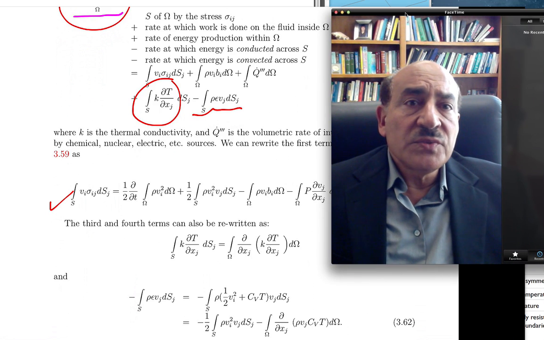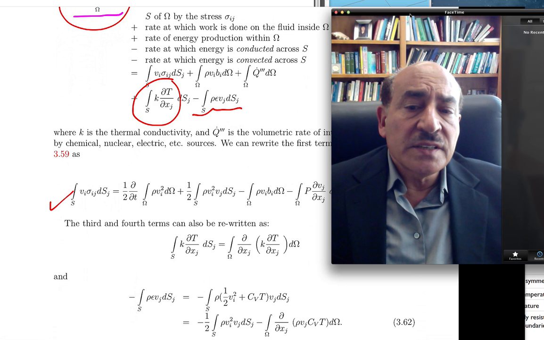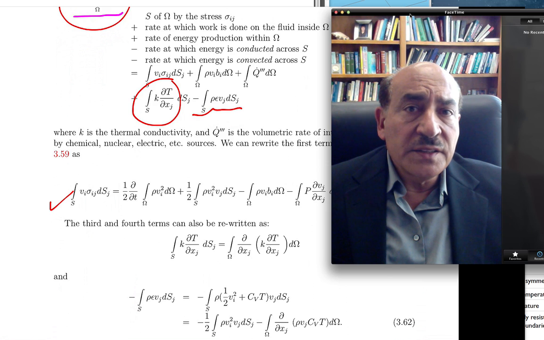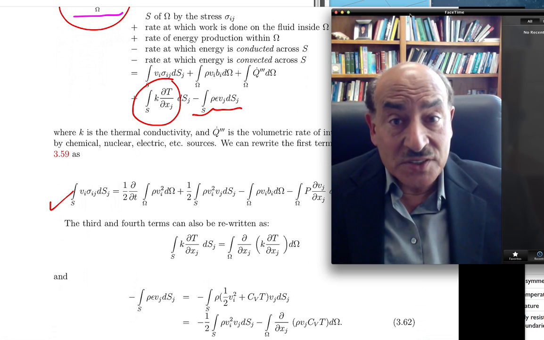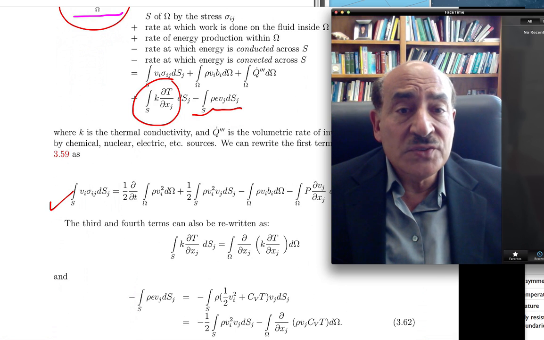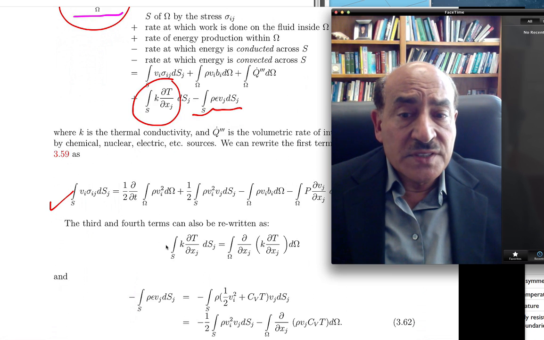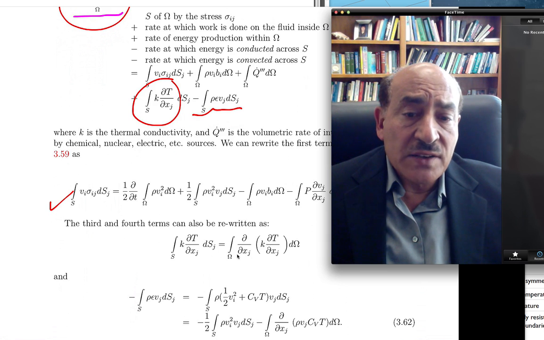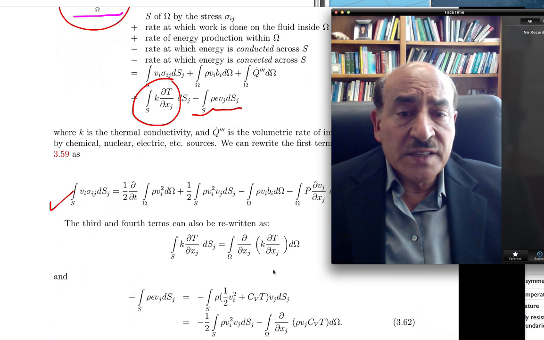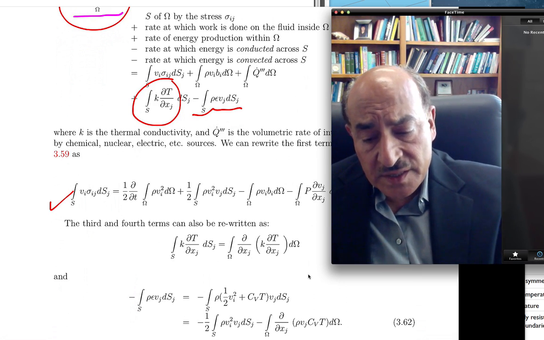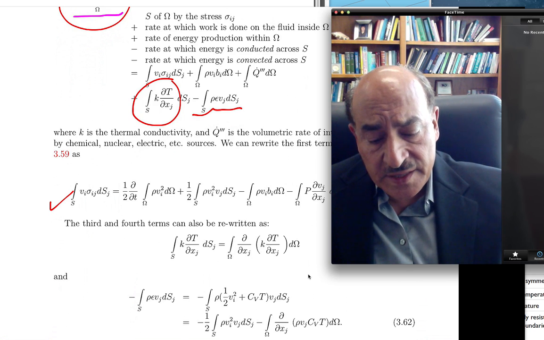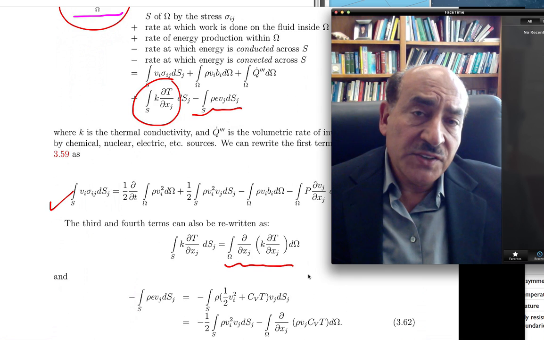So next, what we want to do is compute the convected quantities, the conduction through the surface and the convection through the surface of energy. The conducted through the surface is the heat flux, and we use Gauss's theorem to rewrite it in a divergence form. The divergence form that you have here is simply stated in index notation.